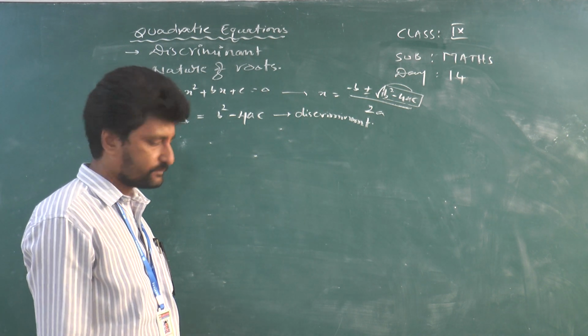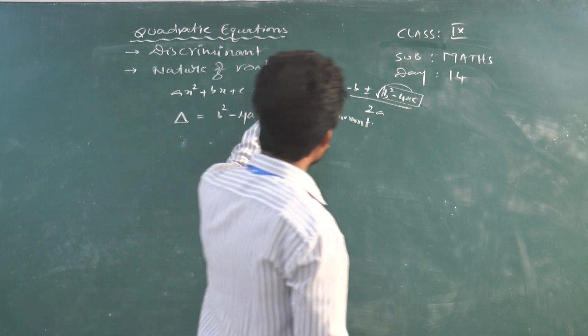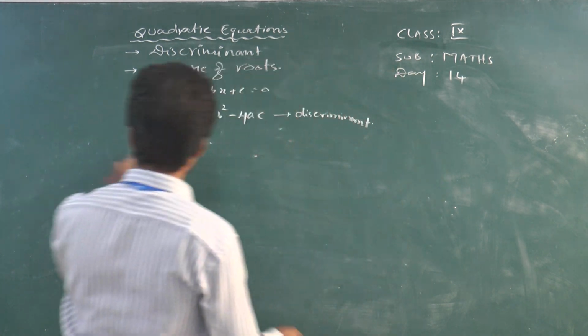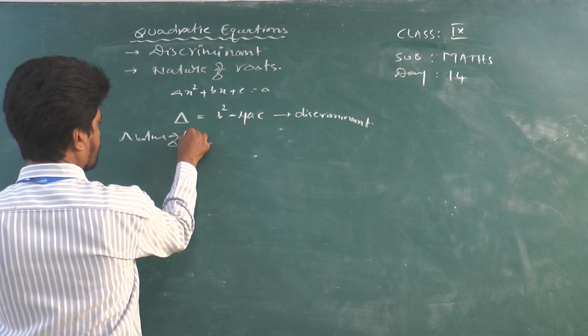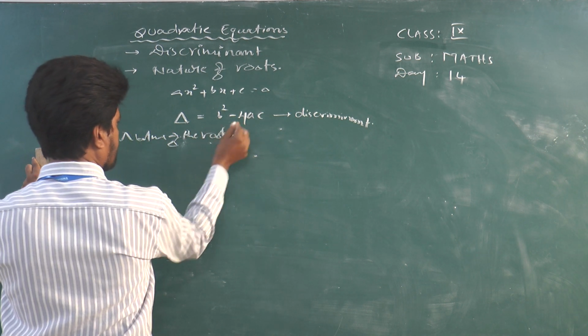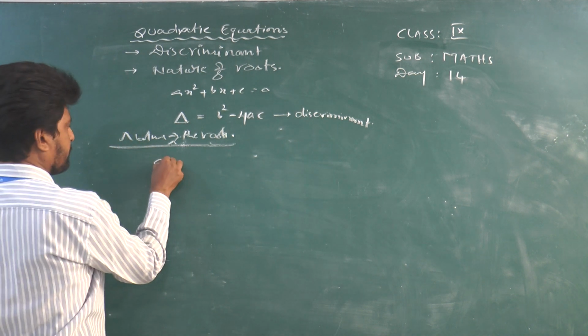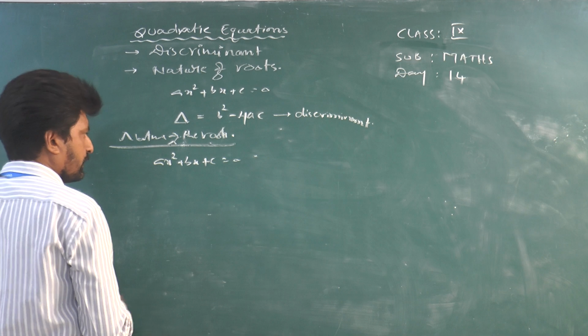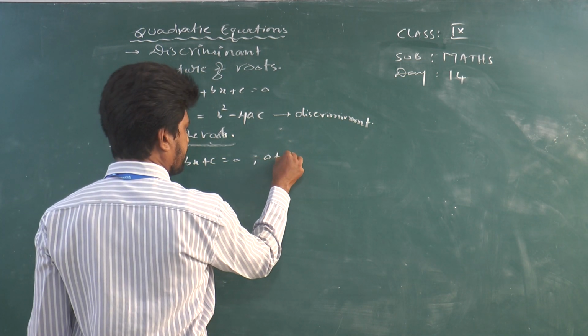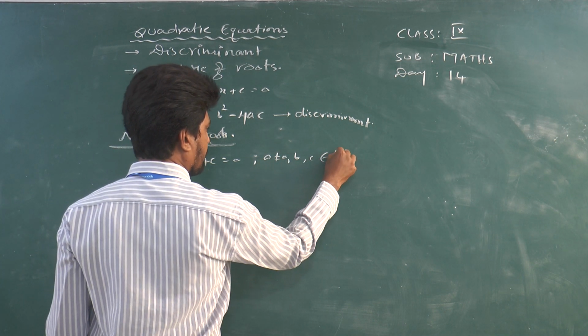We can say directly. Okay, now the nature of the roots of a quadratic equation. Suppose I am taking the quadratic equation ax square plus bx plus c is equal to 0, and here, of course, a is not equal to 0, and b and c are real numbers.